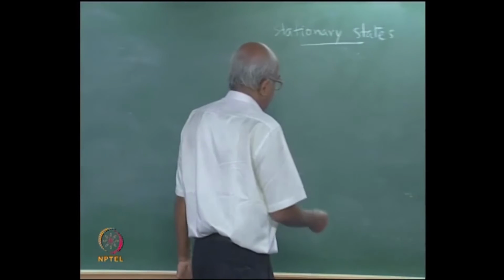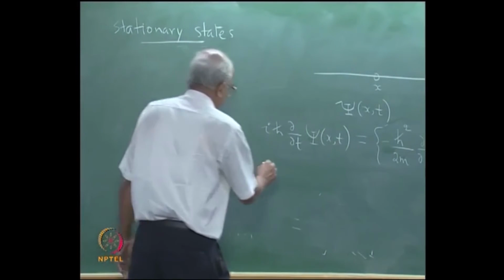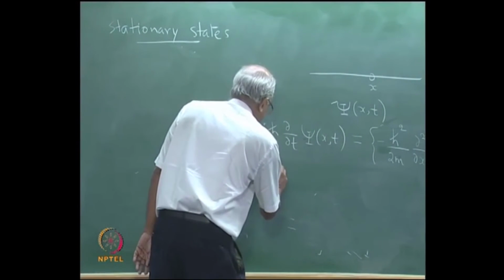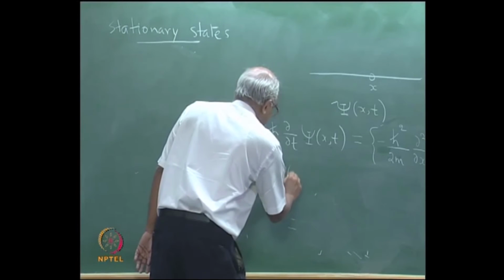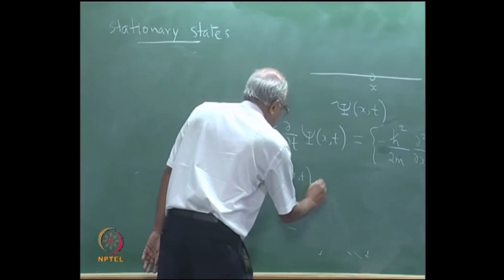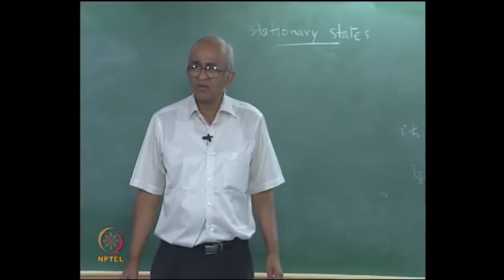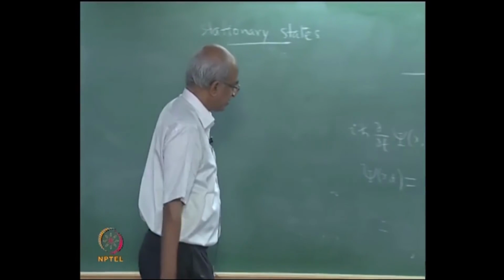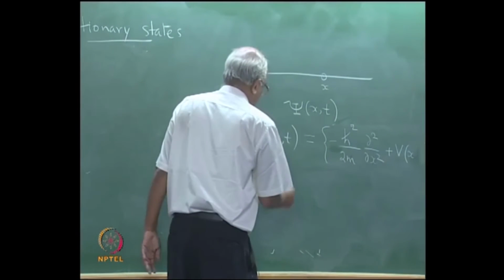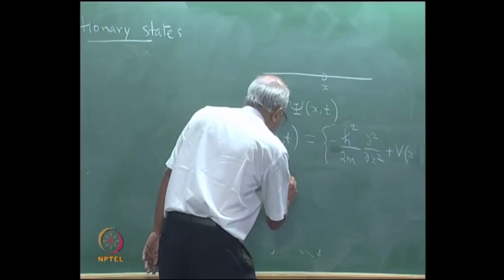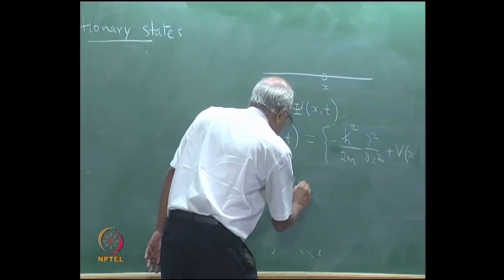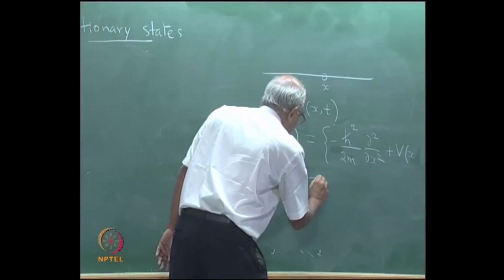Well, what we adopt is a method of divide and conquer. So, this psi, which is a function of x and t, imagine that we have a solution which is of the form psi of x into capital T of t.